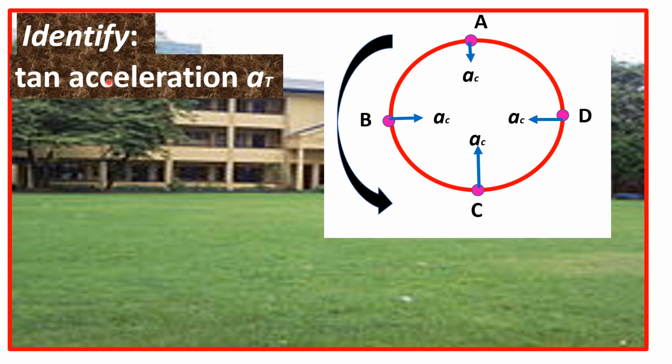Because the magnitude of the tangential velocity is changing, that is, it is increasing as the ball passes point A and continues through points B and C, the ball has a tangential acceleration a sub t.